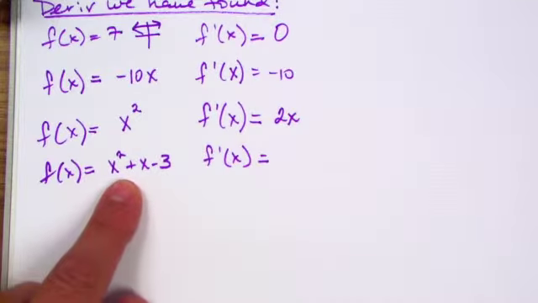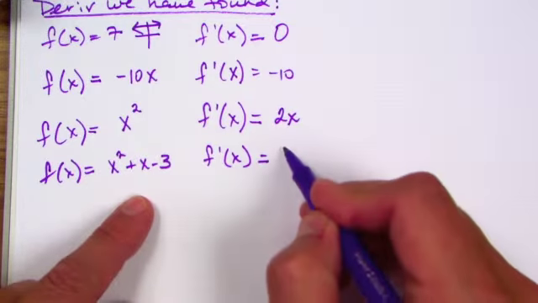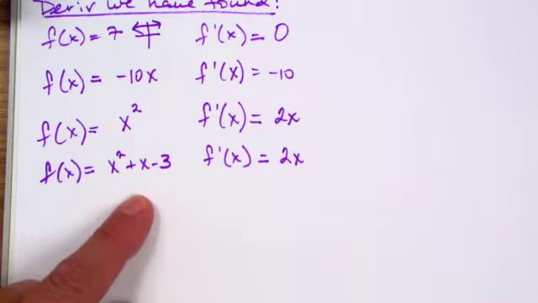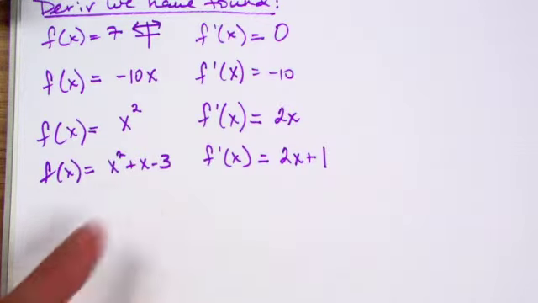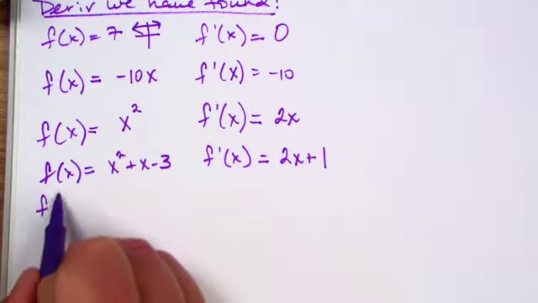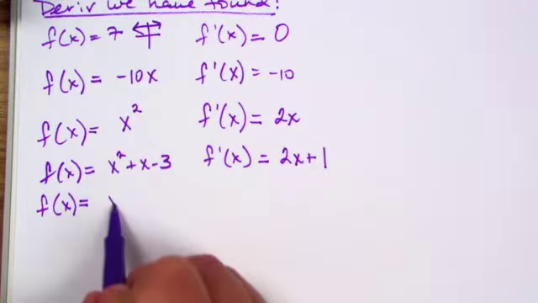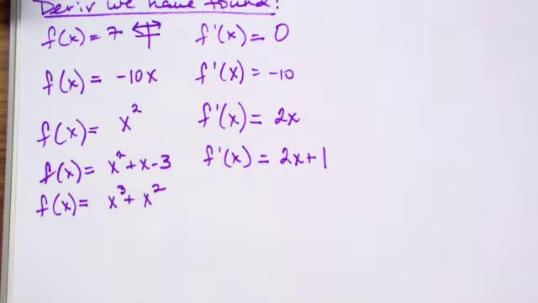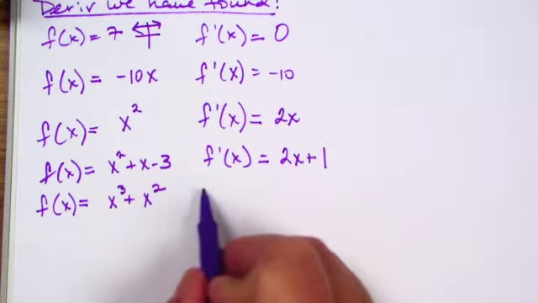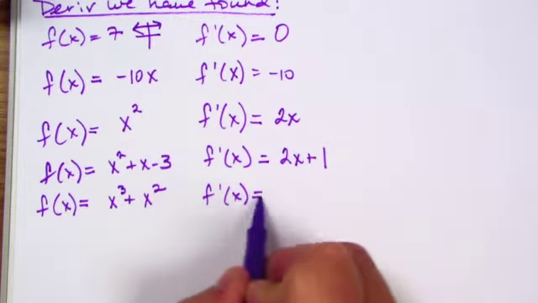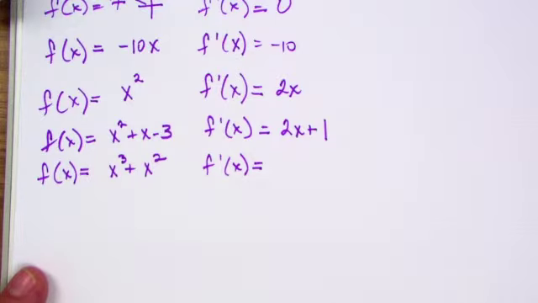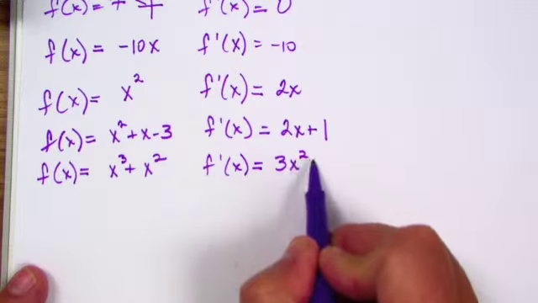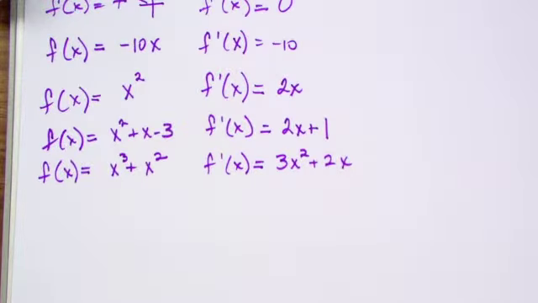It's also parabolic, and we found the derivative to be 2x plus 1. We found this one in last night's homework, and it was quite lengthy, and we found it to be that.